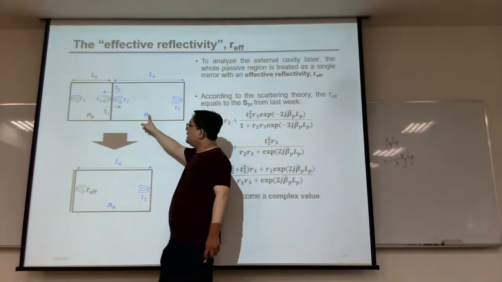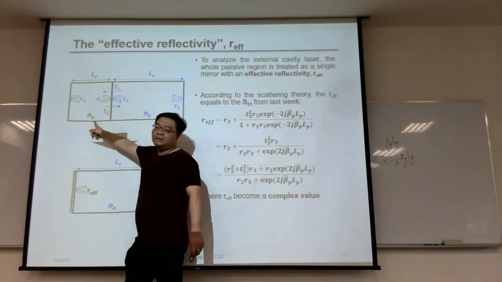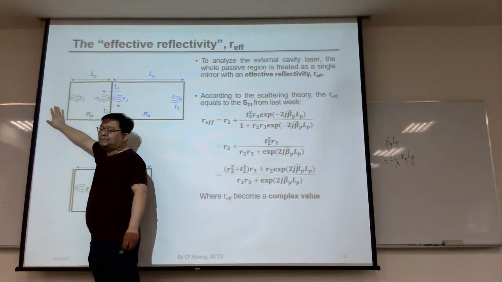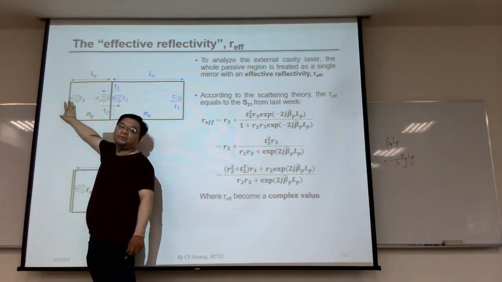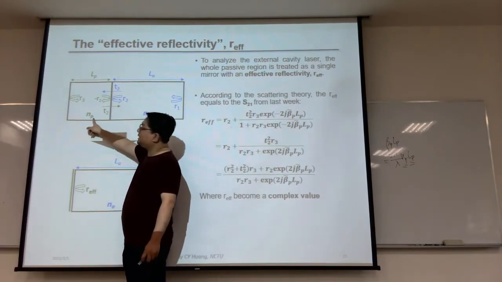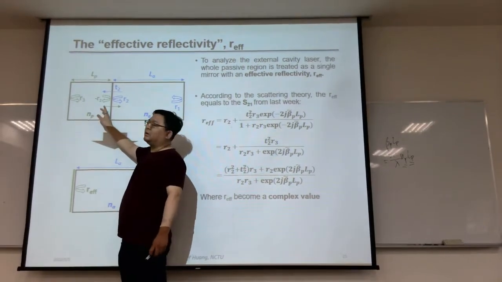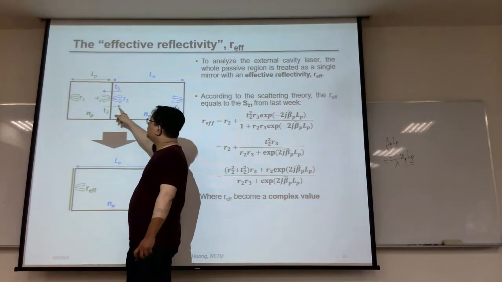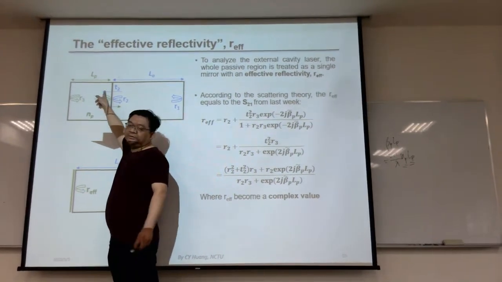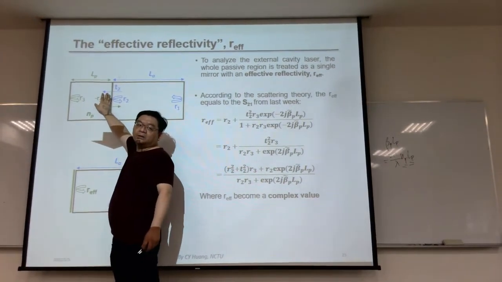So Na is larger than Np, which is larger than usually air or some metal, whose N will be pretty low. So the Np is in between the ambient and the active region. So you actually have a negative reflectivity here.